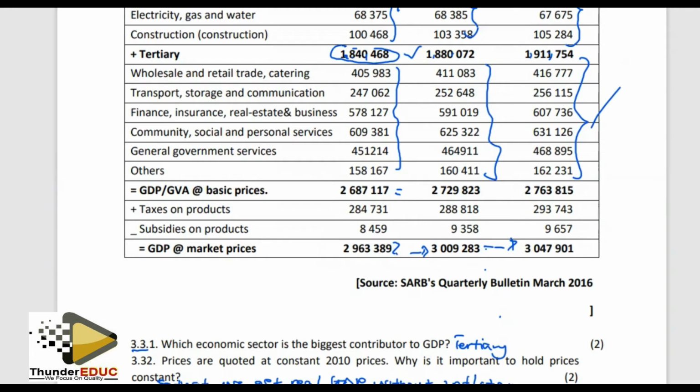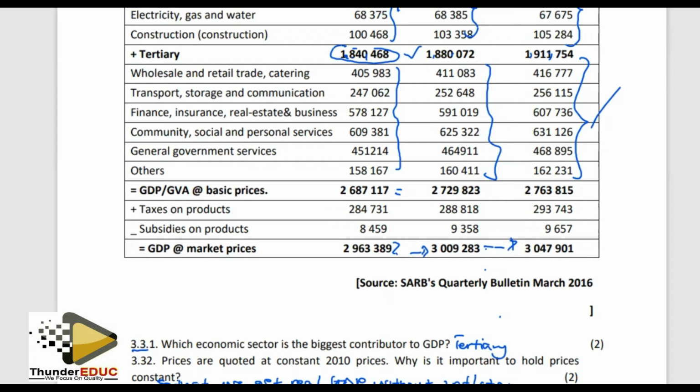It can contribute to GDP through transport, storage, and communication. It contributes to GDP through finance, insurance, and real estate businesses. You can look at statistics and even say in 2013 it was this and this was here. So it also contributes community, social, and personal services.